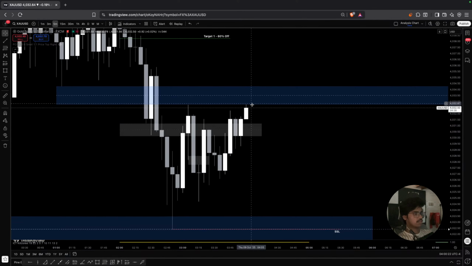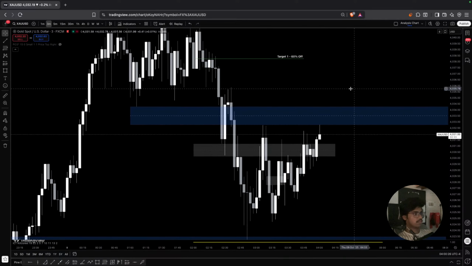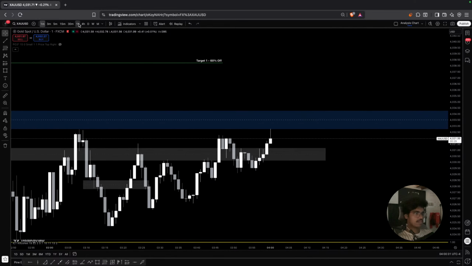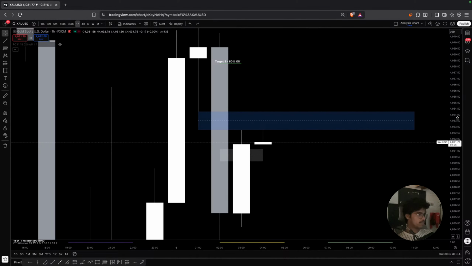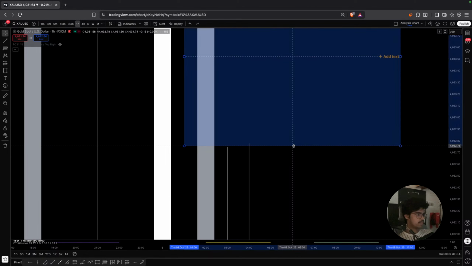Okay, so the market goes to this level, creates a kind of inversion of the fair value gap, then we wait for sells. Let's see what happens. It has already touched that point.